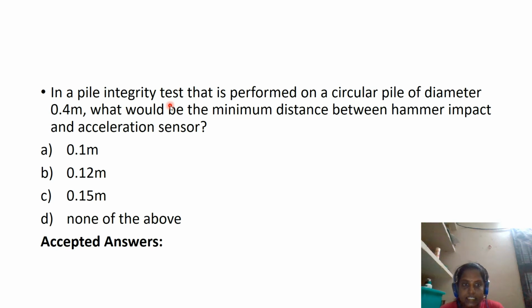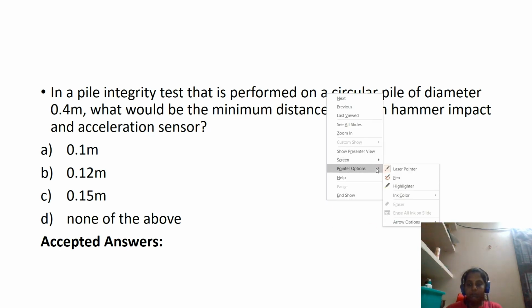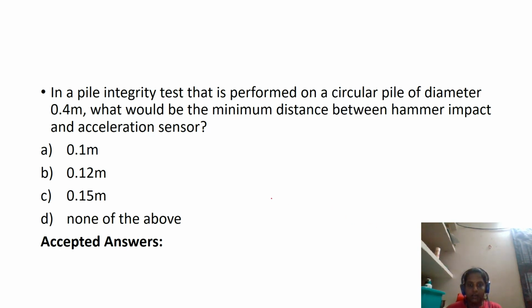In a pile integrity test performed on a circular pile of diameter 0.4 meter, what would be the minimum distance between the hammer impact and the acceleration sensor? If you remember, I have shown you this is going to be a circular pile. Here you are going to have the acceleration sensor, and here is going to be your hammer impact point.